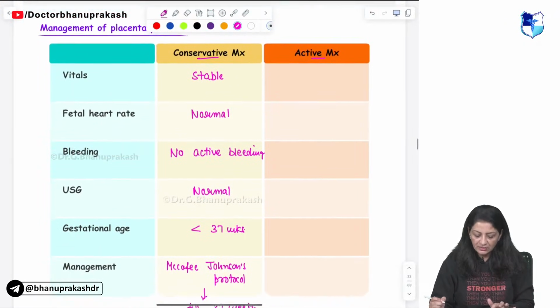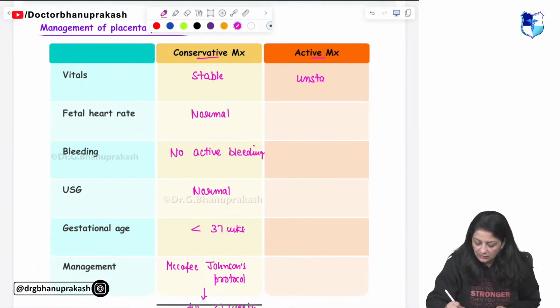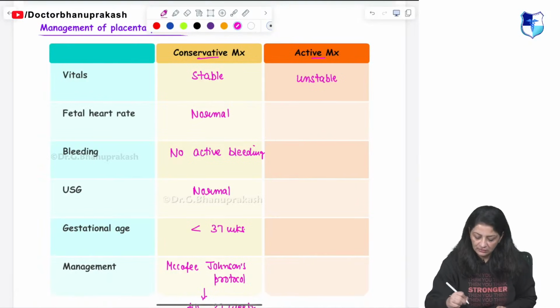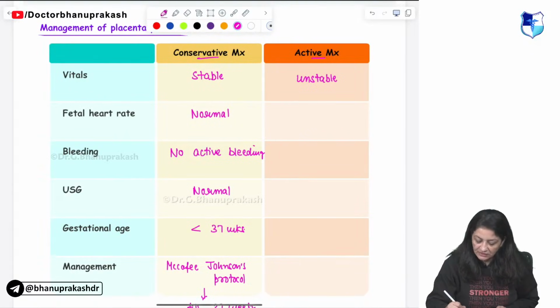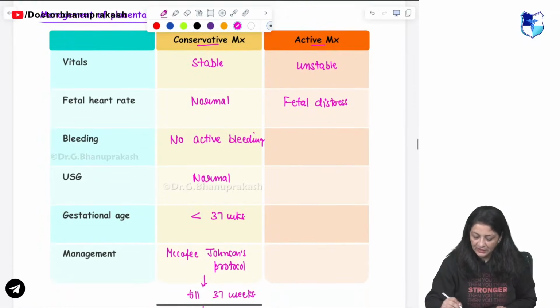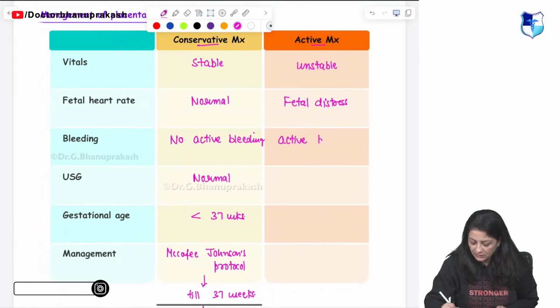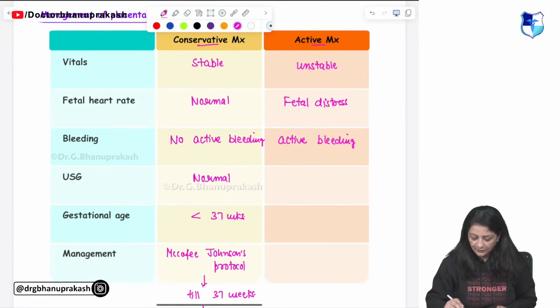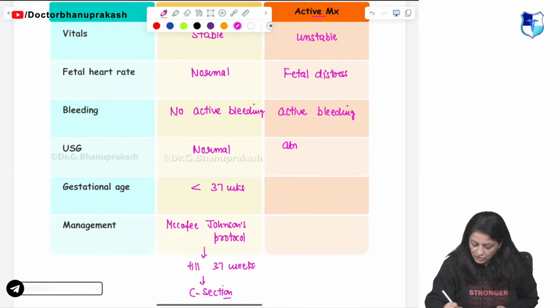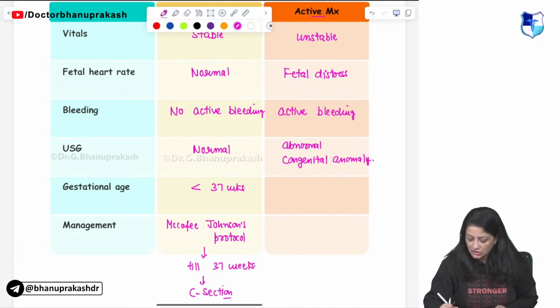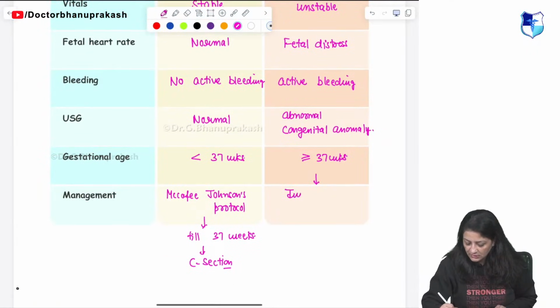So what is the active management? If the vitals are unstable, fetal heart rate shows fetal distress, active bleeding is present, ultrasound is abnormal or showing congenital anomaly, or period of gestation is more than or equal to 37 weeks, then immediate cesarean section.